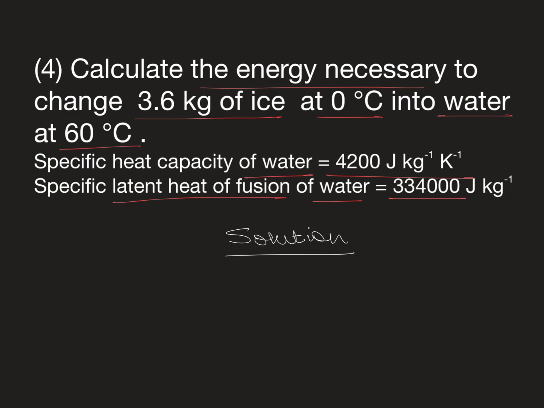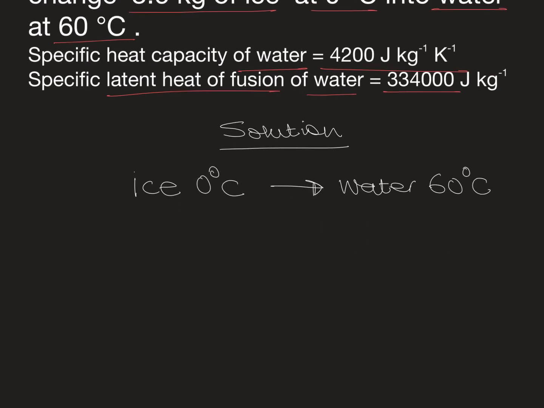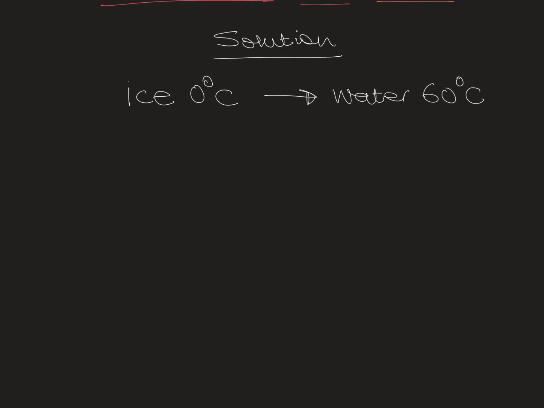Solution. The problem that we are dealing with is we have ice at 0 degrees Celsius that is being converted to water at 60 degrees Celsius. So we will ask ourselves, how many stages will this transformation undergo from ice at 0 degrees Celsius to water at 60 degrees Celsius?